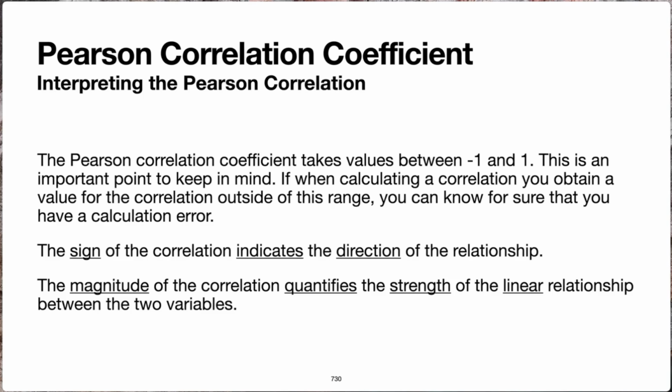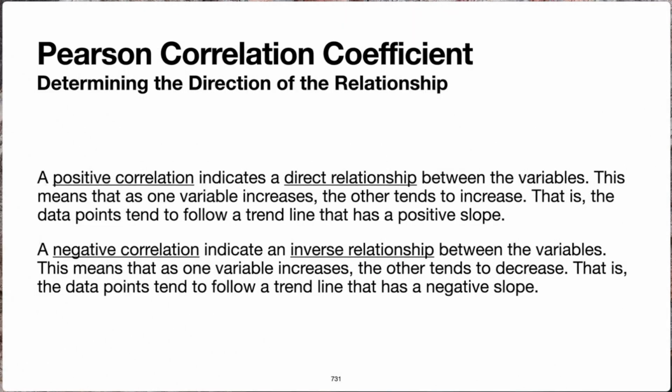Again, interpreting the Pearson correlation, the sign of the correlation indicates the direction or the nature of the relationship. On the other hand, the magnitude of the correlation quantifies the strength of the linear relationship between the two variables. A positive correlation indicates a direct relationship between the variables. That means that as one variable increases, the other variable tends to increase as well.